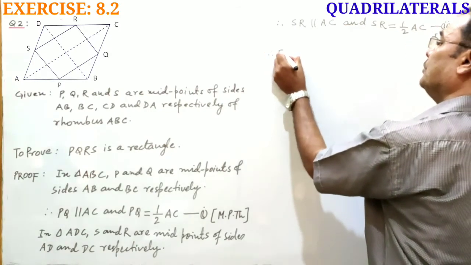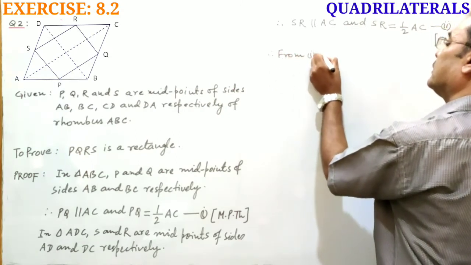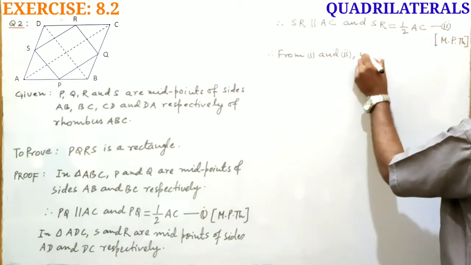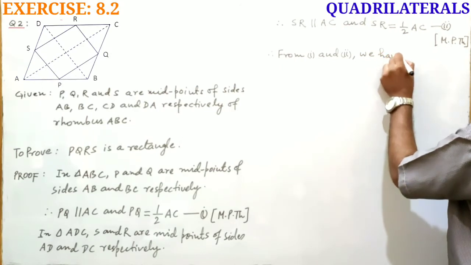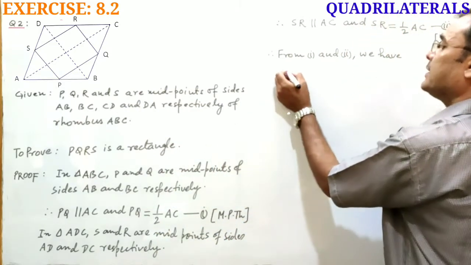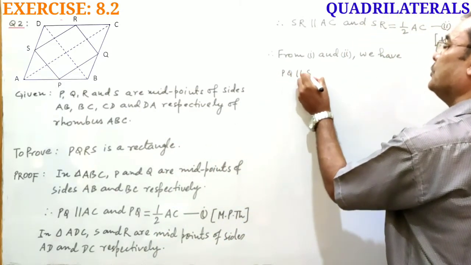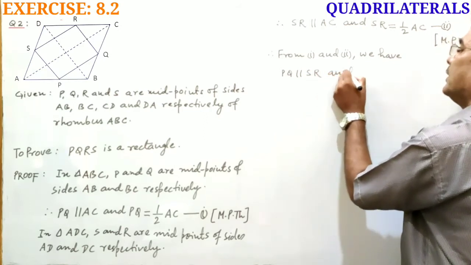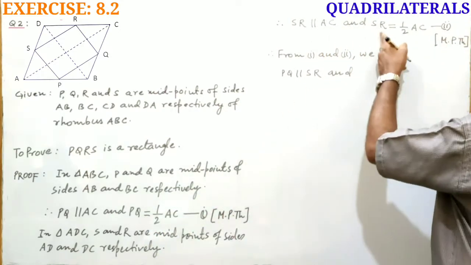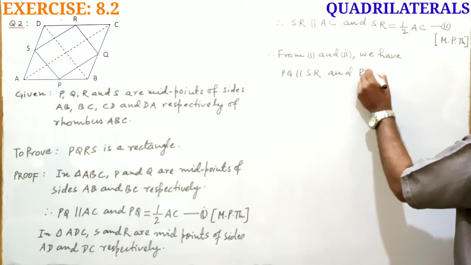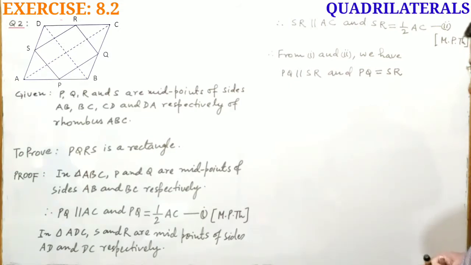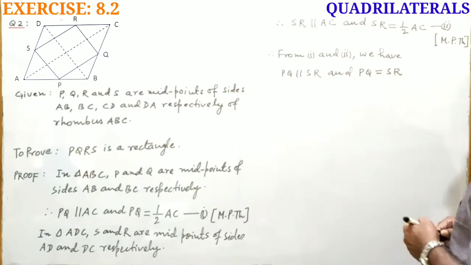Therefore, from 1 and 2 we have SR parallel to AC, PQ parallel to AC, so PQ is parallel to SR, and PQ is equal to half AC, SR equal to half AC, so PQ is equal to SR, because things which are equal to the same thing are equal to one another.